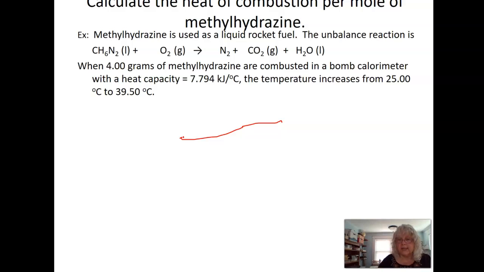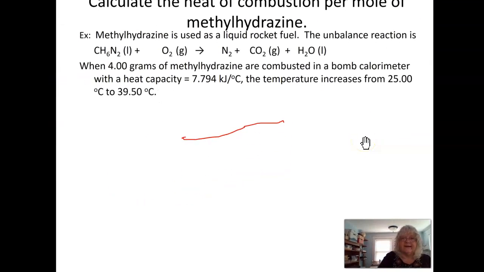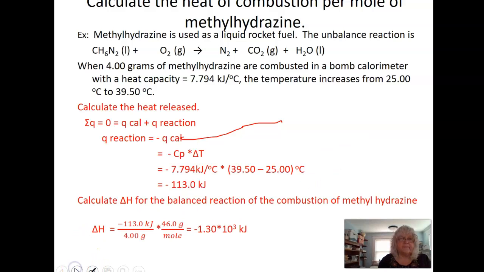It's specific to the calorimeter that's being used. The heat capacity is given as 7.794 kilojoules per degree Celsius, and the temperature of the calorimeter and its contents increases from 25 degrees to 39.5 degrees.